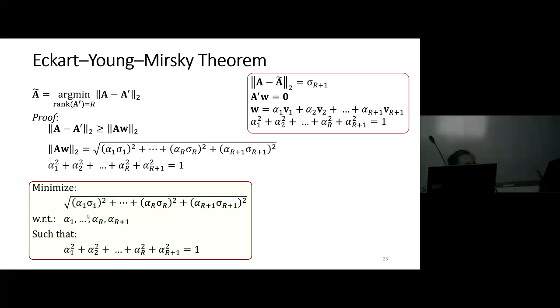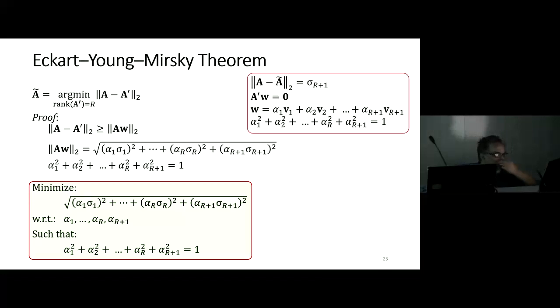Anyone? I want to minimize this with this constraint. Noting that sigma 1 is the highest, and then sigma 2, then sigma r is the next to lowest, and sigma r plus 1 is the lowest, right?